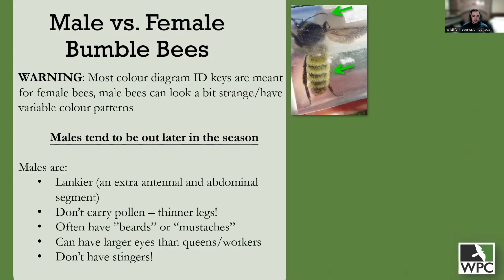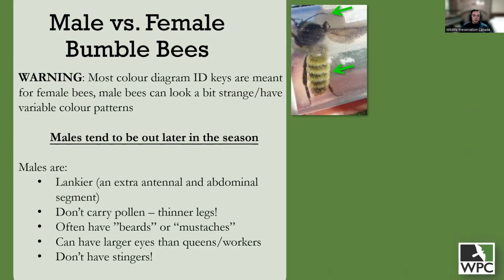And I don't expect anybody to go out and count antennal segments. But if you are lucky enough to have a male and a female side by side, you'll be able to tell right away that the male has a longer antenna. However, you can count the abdominal segments. And the abdominal segments are really the best indicator of a male bee from a female bee.